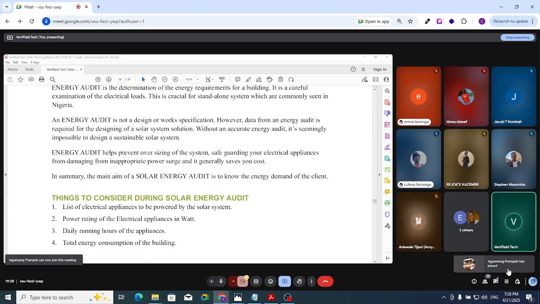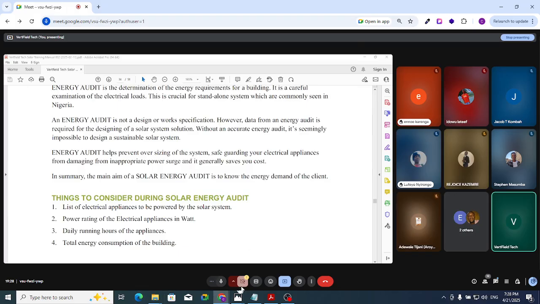Two, you must also know the power rating of those electrical appliances in watts. You must also know the daily running hours of those appliances. And four, the total energy consumption of your building. Now these four parameters are the things you will be considering when you carry out an energy audit on a facility. So that's why we quickly want to show you guys this before we start the process properly tonight.